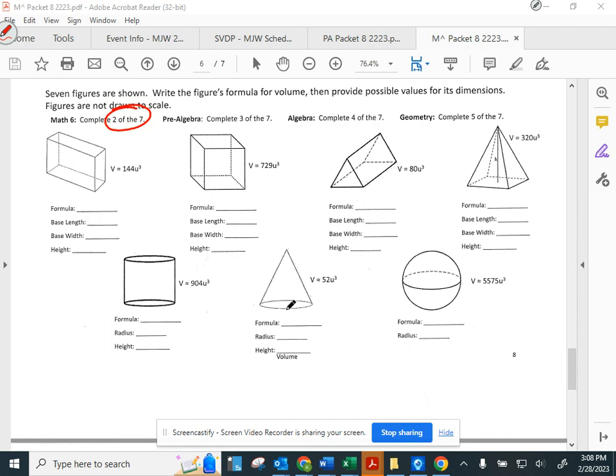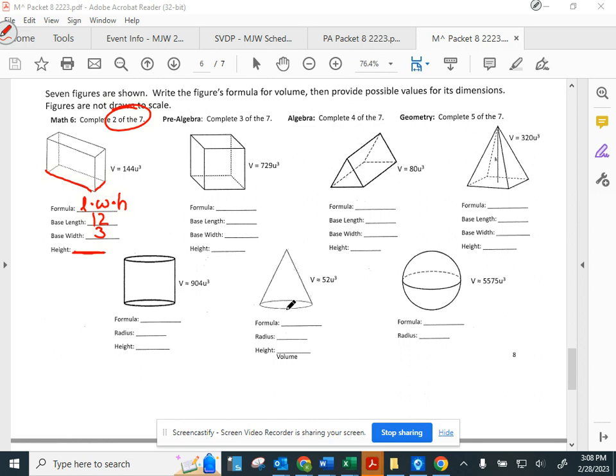So our formula for our rectangular prism is length times width times height. So we're going to say if our base length is 12 and the width is 3, what might the height be?